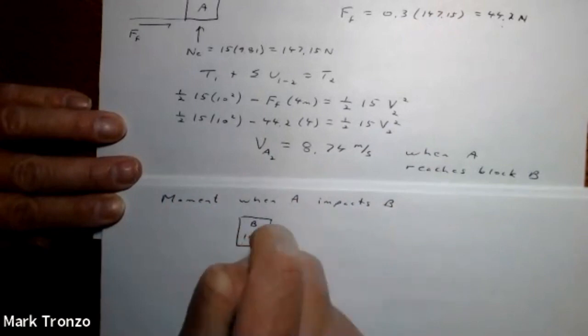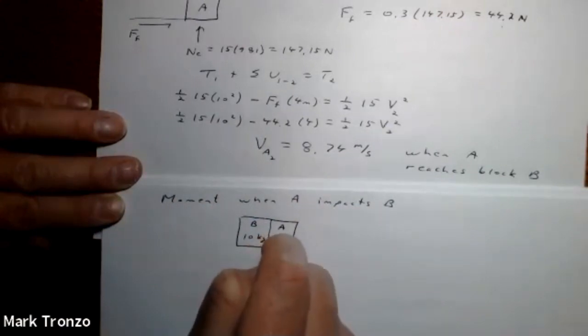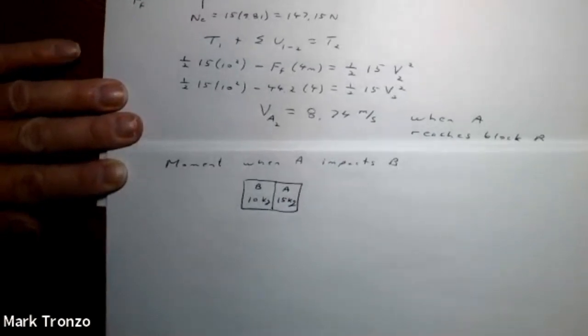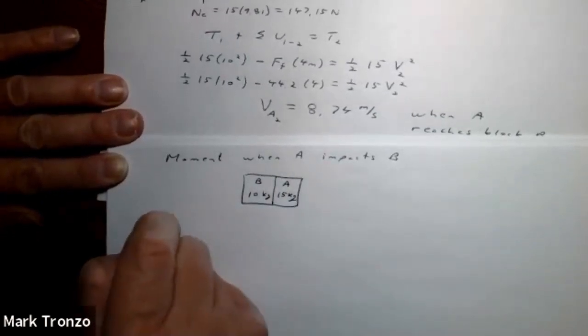B is 10 kilograms. A is 15 kilograms. And so we're going to have to use conservation of momentum.